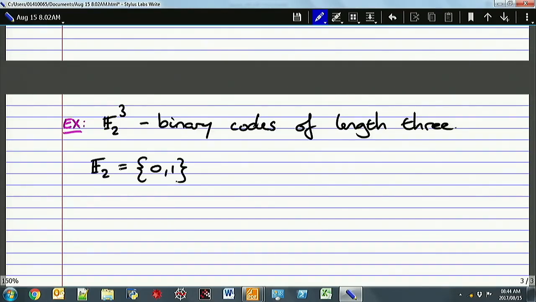F2 over here is simply a set which has just got 2 elements in it, 0 and 1. Not very interesting. Then F2^3 is a set of the following form. It's got 3 entries. Let's call this X, Y, Z again. But now X, Y, Z, instead of being real numbers, are elements of F2.